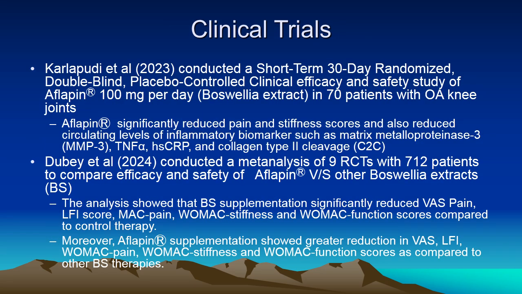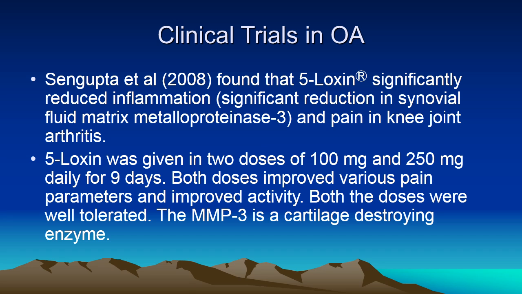In other trials, for example, Karla Podi et al., who used alpha-pin, Dubey et al., who also conducted the secondary analysis of 9 trials, they all show the beneficial effect of the Boswellia extract in osteoarthritis in reducing pain, stiffness, and increasing function.